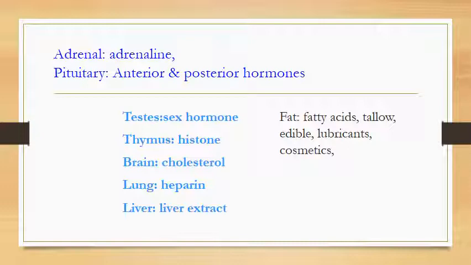Liver extract, as you know, is very popular for clinical treatment, especially for different nutritional disorders or growth issues or weak liver, etc. Sometimes fat also can be processed into different fatty acids, tallow or edible lubricants and cosmetics. So these are all useful chemicals, biochemicals or pharmaceuticals prepared for commercial use.